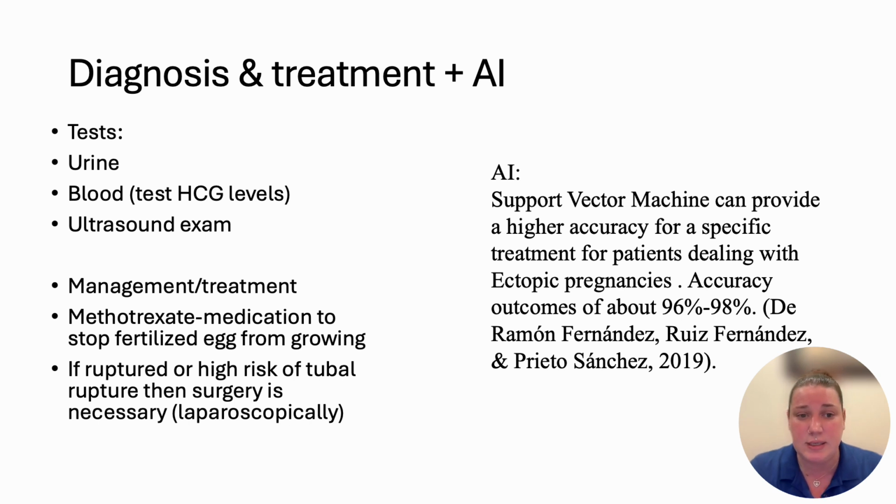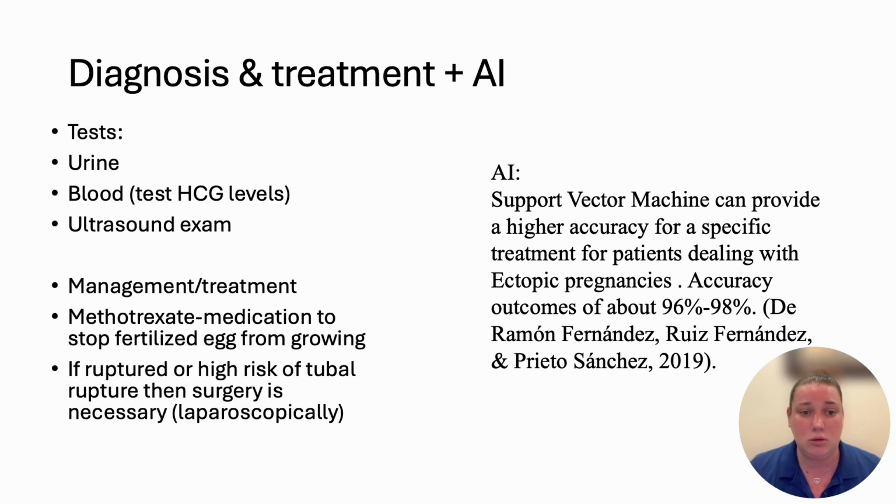Methotrexate is a medication to help stop the fertilized egg from continuing to grow, causing it unfortunately to be lost. When there is an ectopic pregnancy, there is nothing that they can do to save the fertilized egg.